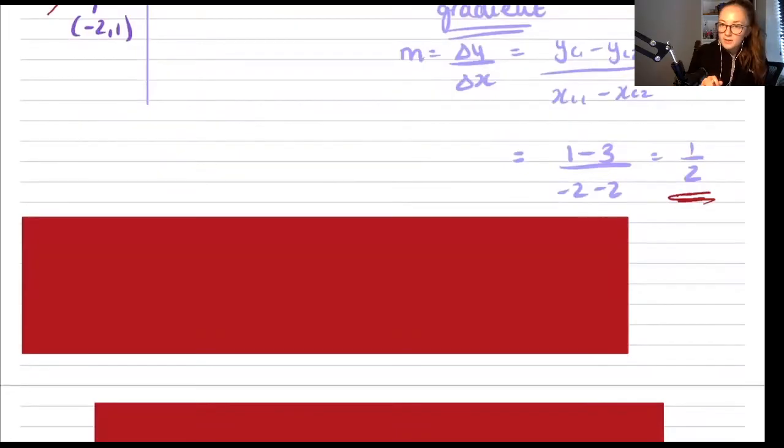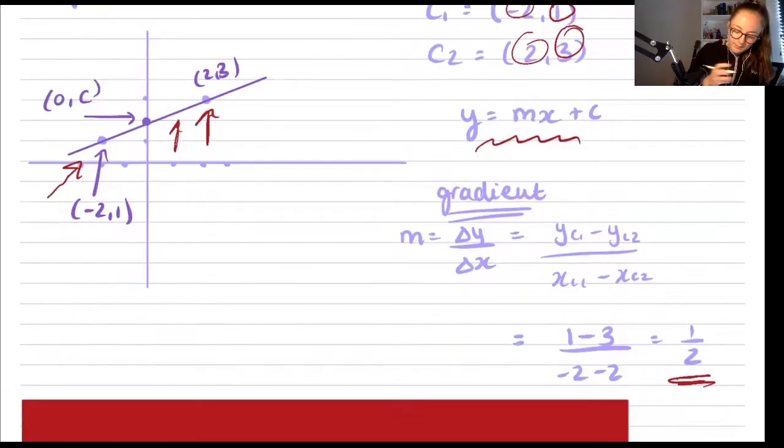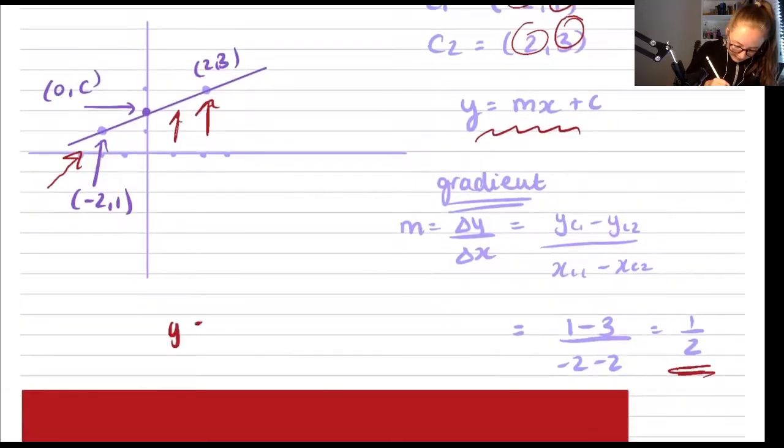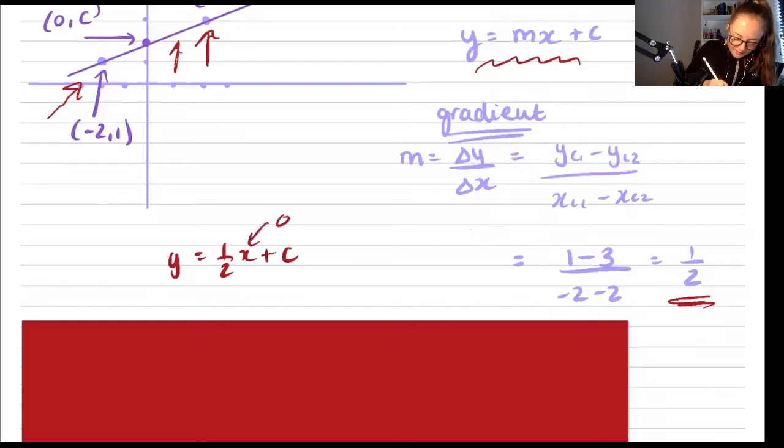The next thing we need to do is find the y-intercept. And I'm sure at this point it would be a real temptation to say, well, y is half x + c, and our y-intercept happens when x is 0. So we'll just put this as 0, but you'll just end up with y as c, which is not useful.